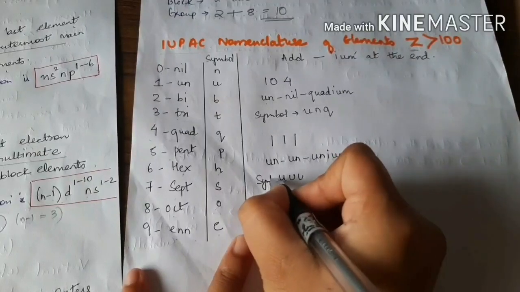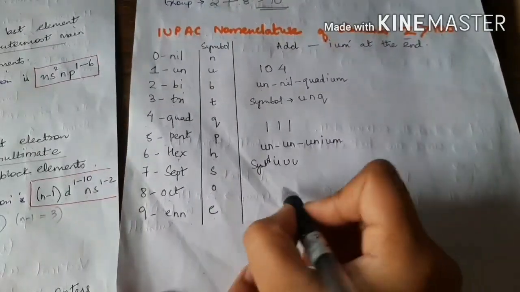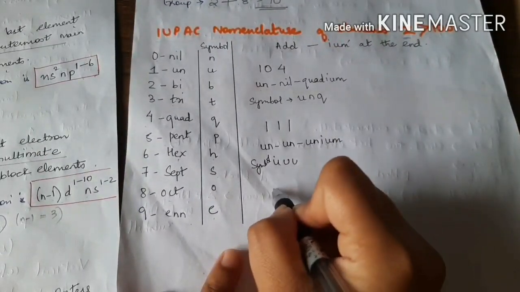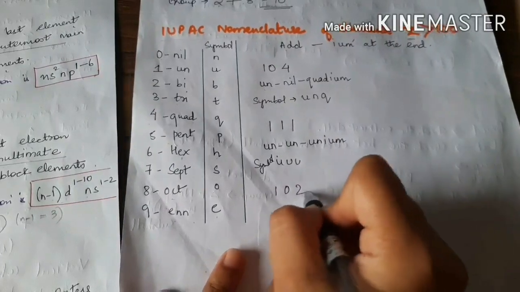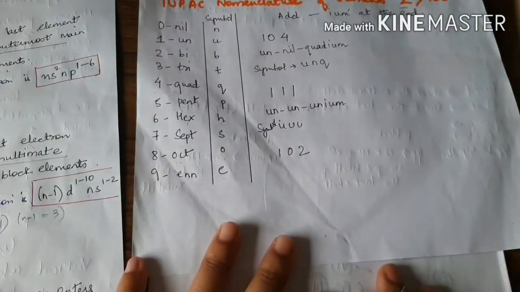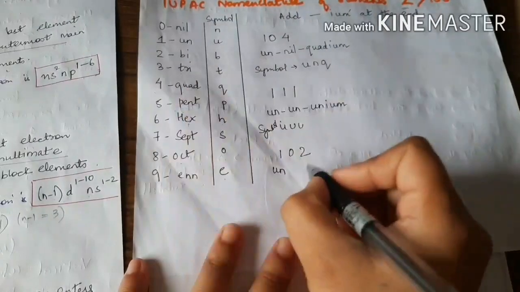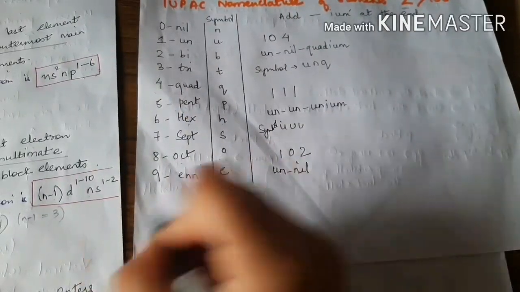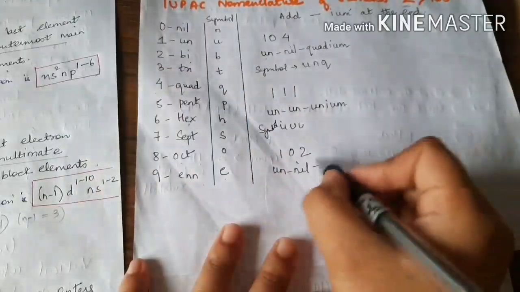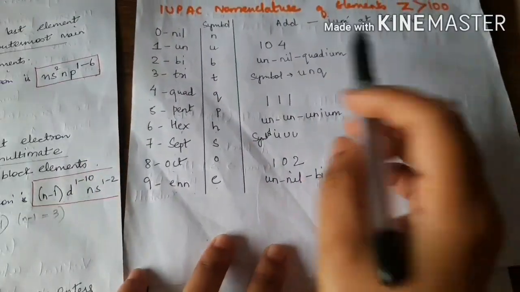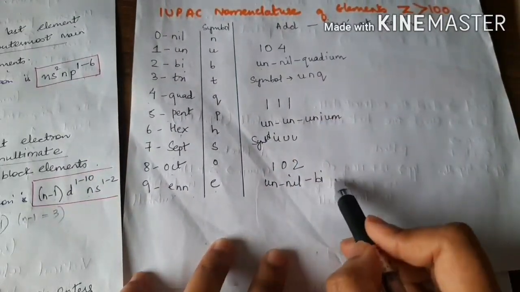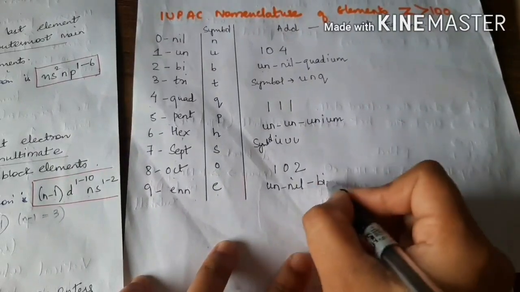Another I can take is 102. So 1 is un, 0 is nil, then 2 is bi. Then you have to add ium.